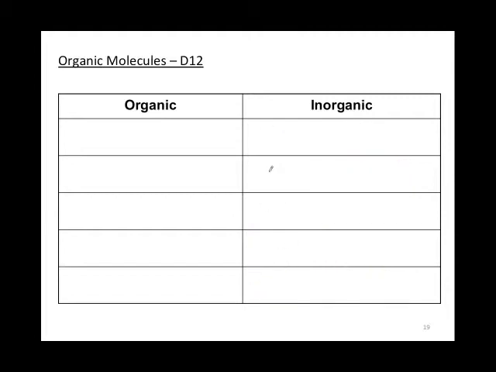Let me just add a couple little things here. Oxygen would be considered an organic molecule. It is very small, however, but it is considered an organic molecule. Oxygen is necessary for the release of energy from organic molecules, specifically in the process that we call cellular respiration.